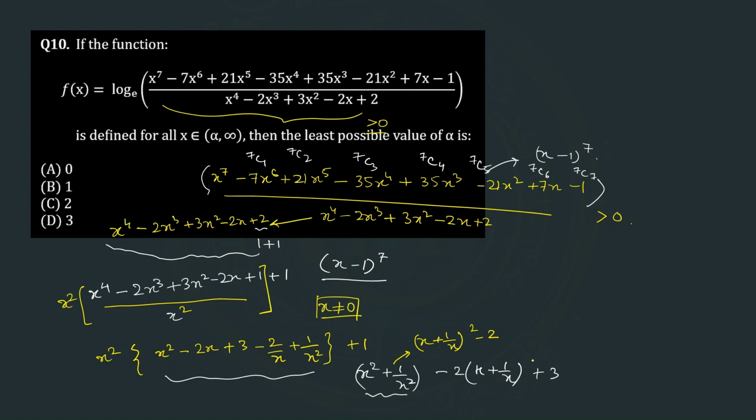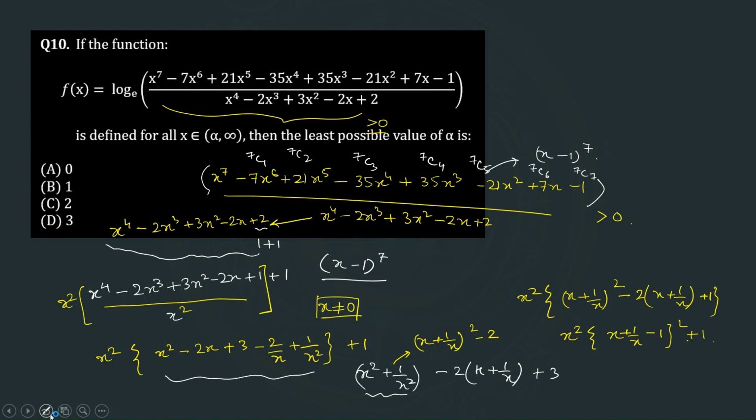So it becomes overall x square outside, then inside this bracket x plus 1 by x whole square minus 2 times x plus 1 by x, then plus 1. So this can be factorized as x square, then x plus 1 by x minus 1 whole square plus 1.